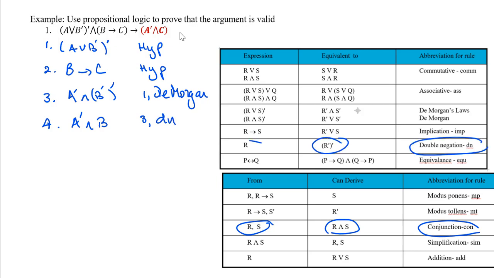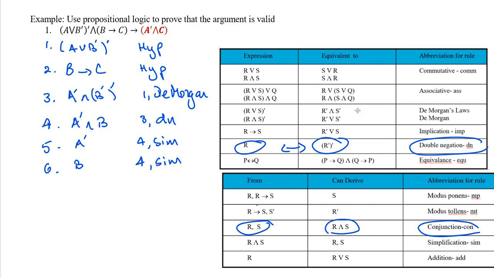Double negation are equivalent. Next, now I have both of them are true, so I could say each one of them is true by simplification. Not A is true because of simplification, and B is true because of simplification.